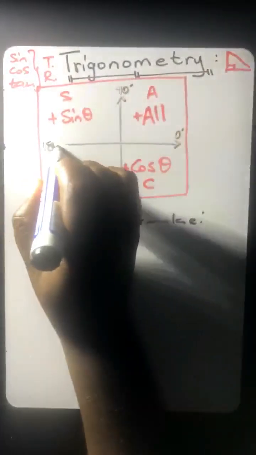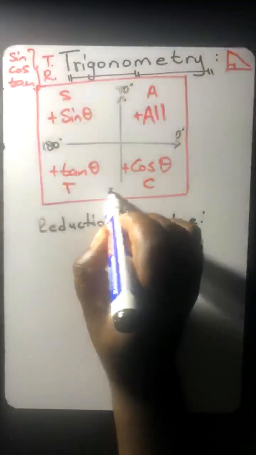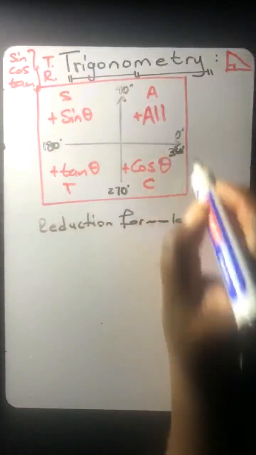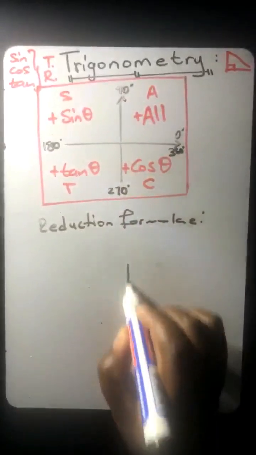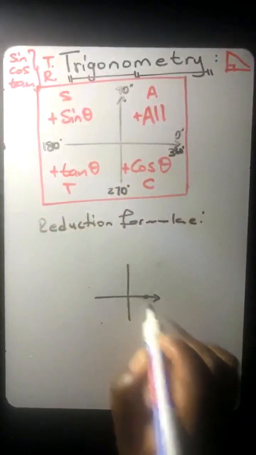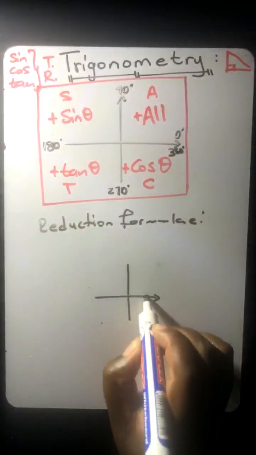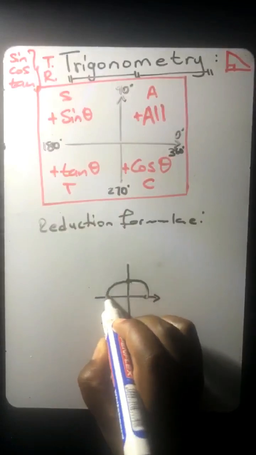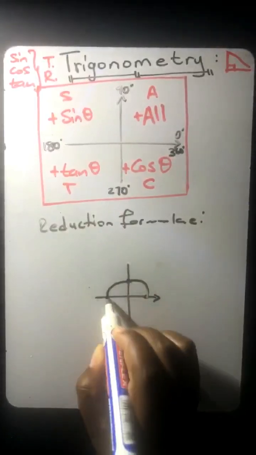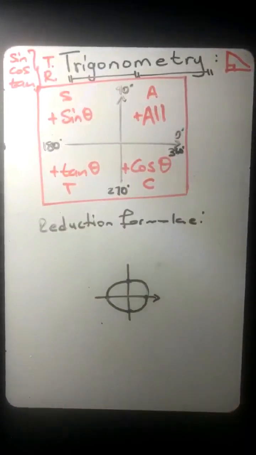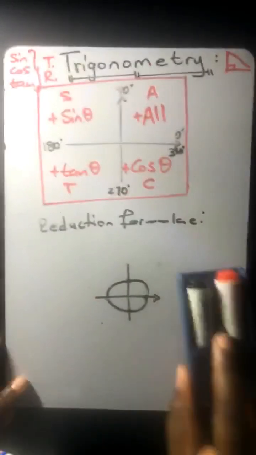We have 180 degrees there, then 270 degrees there, and then this is 360 degrees there. If you start from there, the angle is 0, and then it increases up to there, it's 90, increases up to 180, 270, and 360 degrees. So it makes a complete circle on that line.